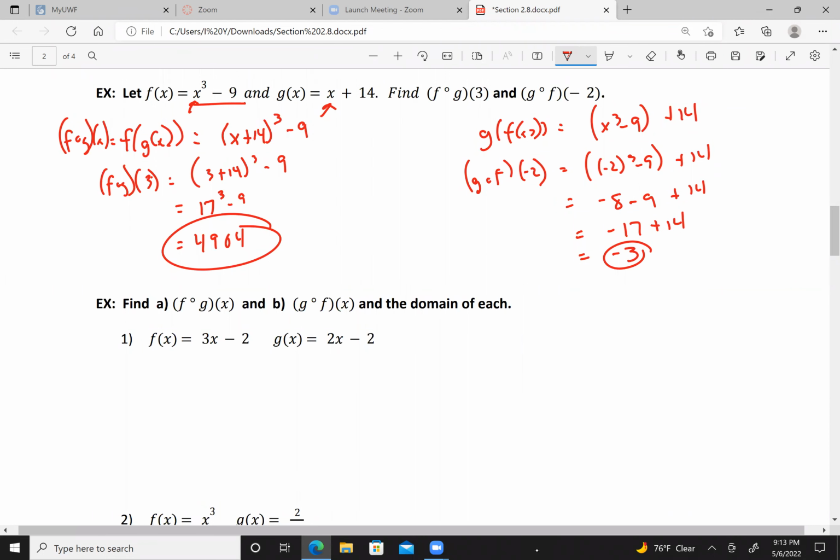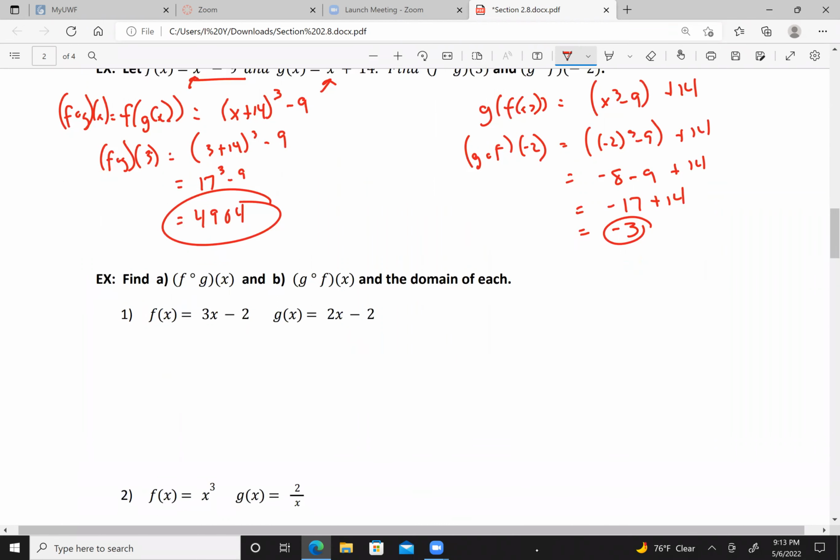Okay, so let's look at some more of these. We're going to find the composite of f and g of x and g of f of x, and we want the domain. So looking at the equations we have here, there are no restrictions on the domains of either equation. So to find f of g of x, simply take this and put it in for here.